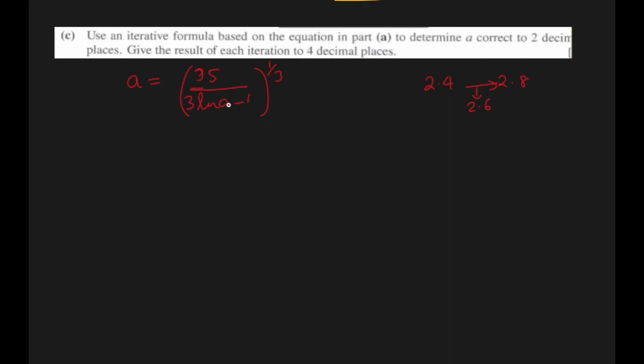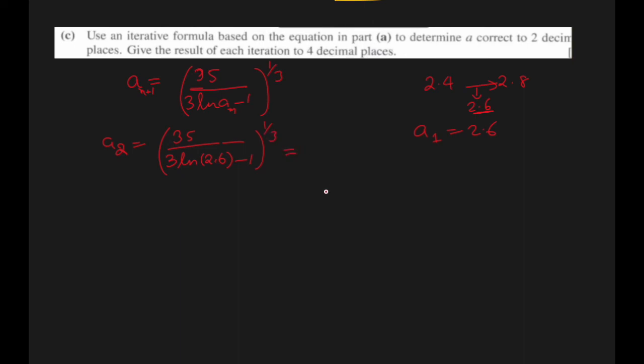To use the iterative formula, we write n with the a which is not isolated and n plus 1 with the a which is isolated. This becomes our iterative formula. And we start with a1. We have already decided that a1 will be 2.6, where we will start. That means a2, a1 plus 1, a2 will be 35 over 3 ln 2.6 minus 1, to the power 1/3.